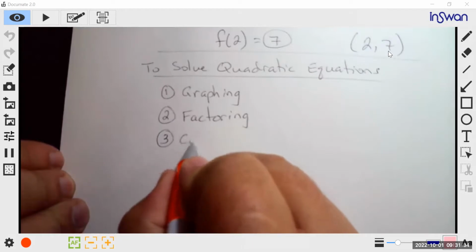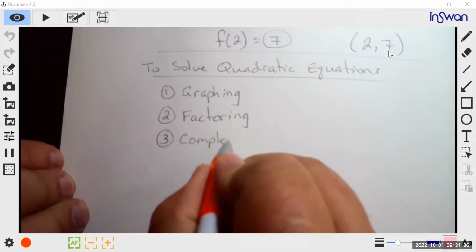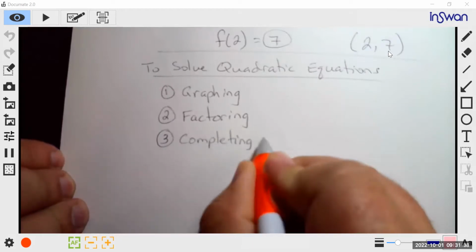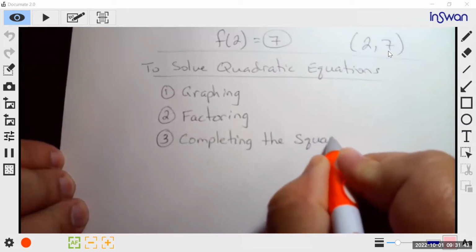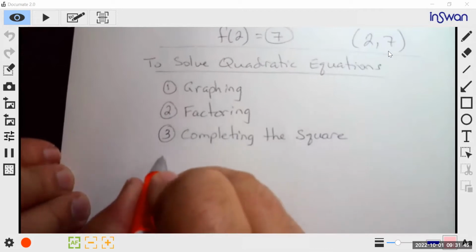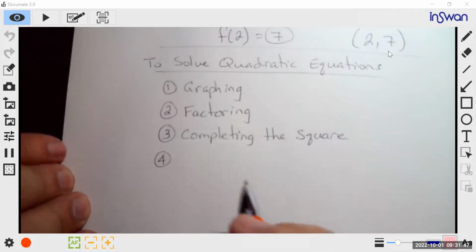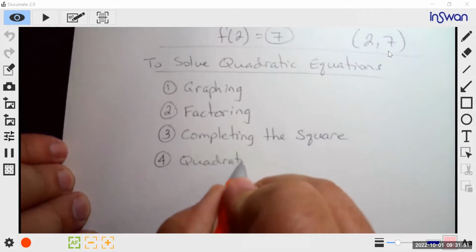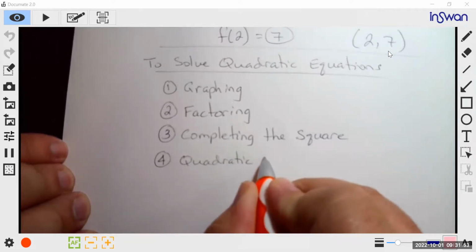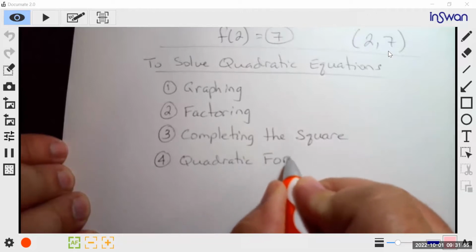Third method is completing the square. And the last method so far is the quadratic formula.